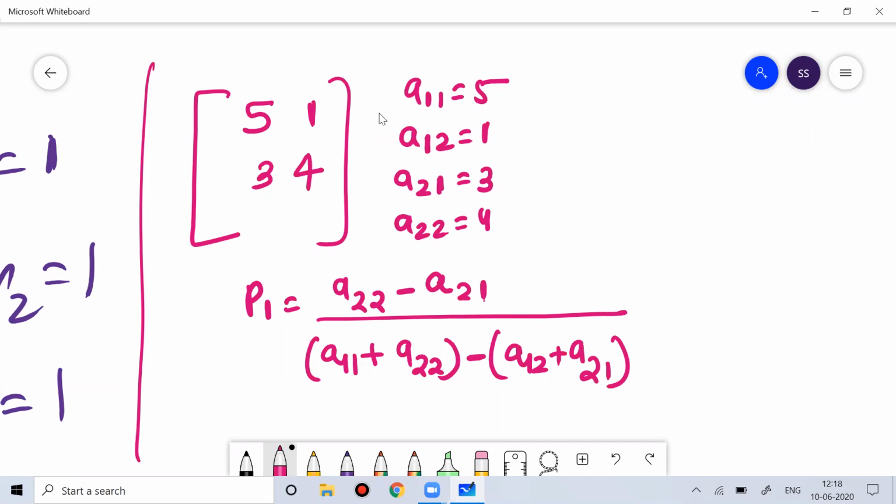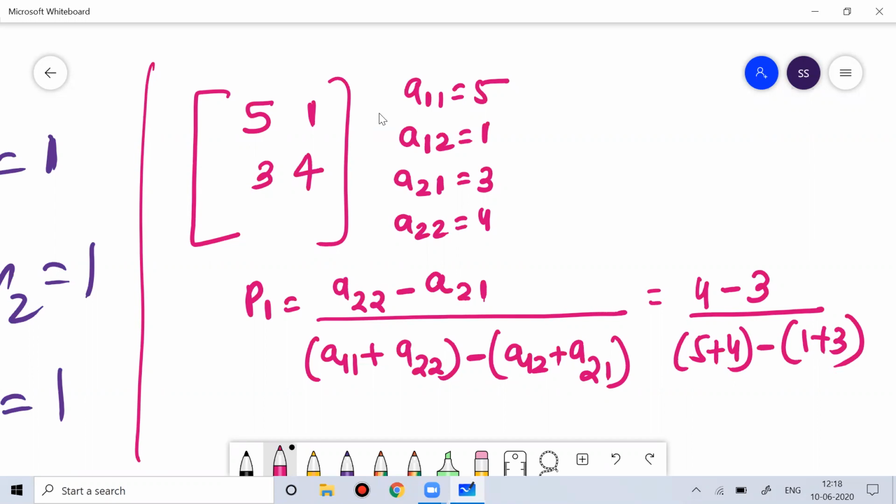So if you use this formula for P1, this would be 4 minus 3 divided by 5 plus 4 minus 1 plus 3. With this, you'll get the value of P1. This would be easy for that person who can memorize the formula. So the value of P1 would be 1 divided by 9 minus 4. 9 minus 4 is what? 5. So you got the value of P1 as 1 by 5.